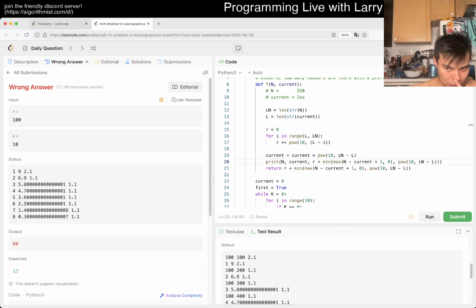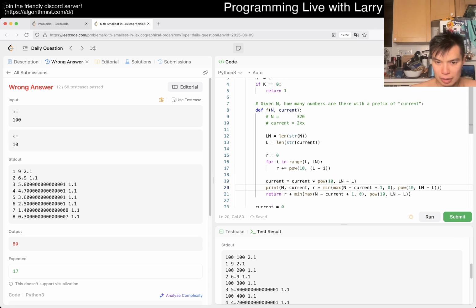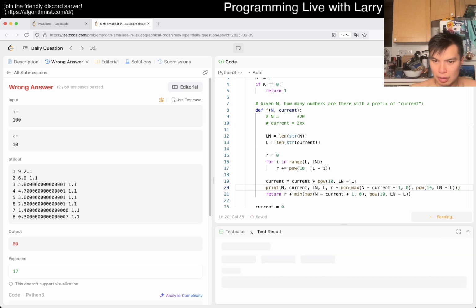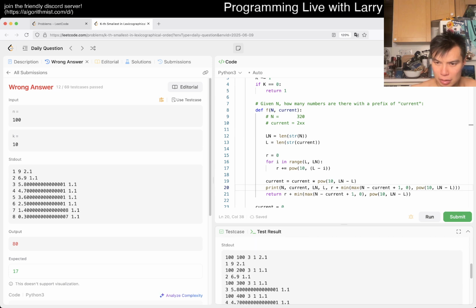Why is that 2.1? What's ln and n? Three and 1, right? So that's 2, so that's 100, right? So how do you have 2, or is that r? Oh, I'm dumb. This is I and L. Huh, I have them in the wrong order.